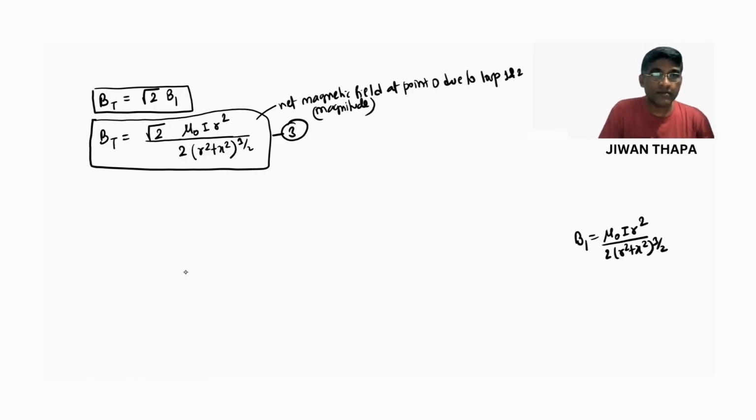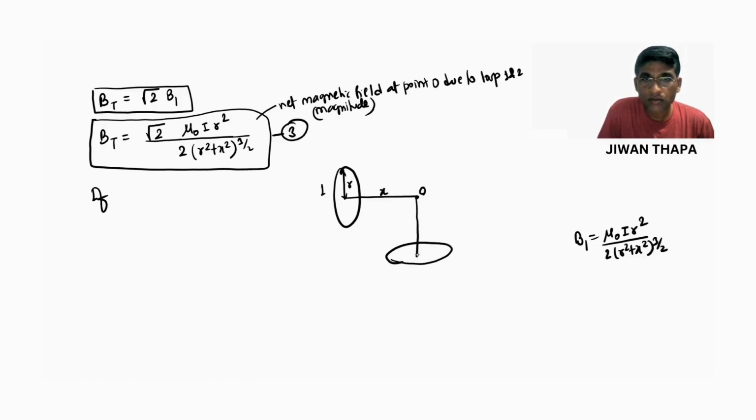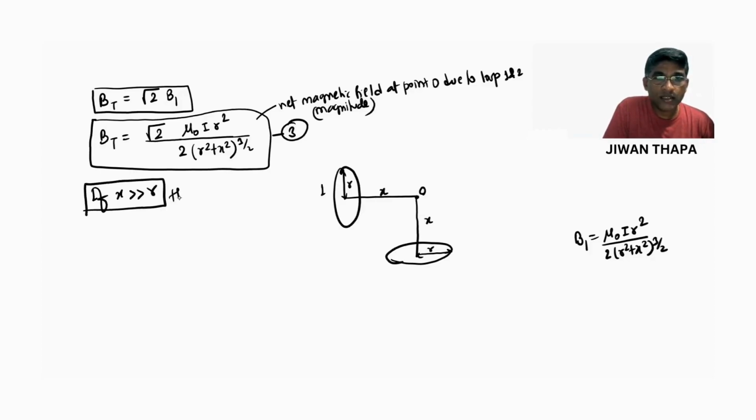Now, let us assume this. This is loop 1, this is X. If X is very, very greater than R, then R square plus X square is approximately equal to X square.